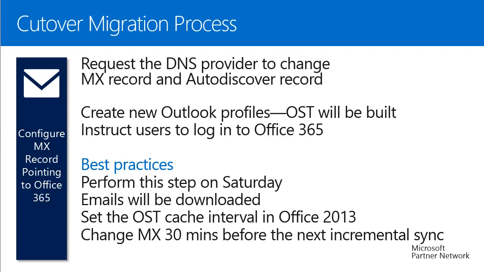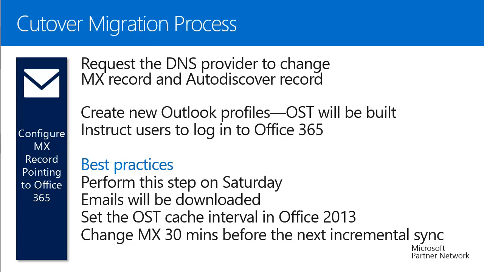That gives enough time for the Outlook clients to download and rebuild the OST files. So we don't leave it for Monday, because that would stress our network very hard. The system administrators can walk through the Outlook clients, reconfigure the MAPI profiles, and let Outlook run and synchronize the data to the OST cache.